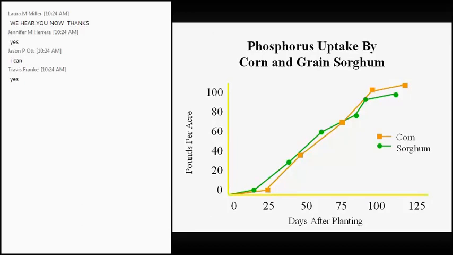Well, that works hunky-dory around our houses and things like that, for a garden or a flower bed, but from an agriculture standpoint, if it rained right here and the next time you can get out is somewhere around 30 to 35 days, you've missed some yield potential. So getting it out at planting or right before planting is probably the best time to actually put it out. Next slide.